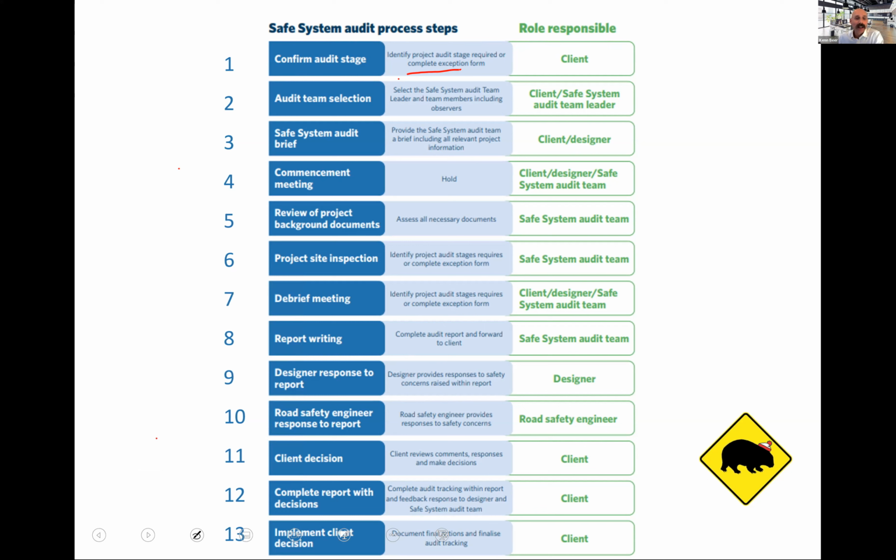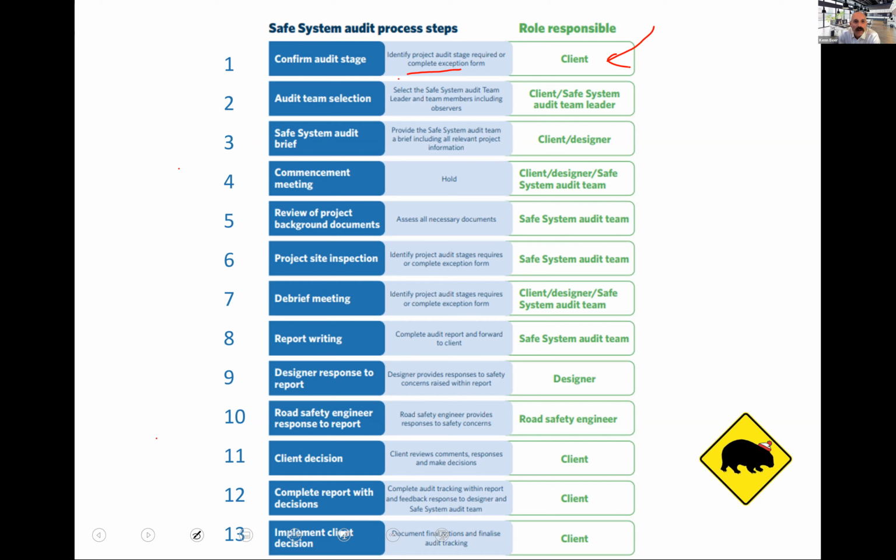So then the team is selected. So, the client. Now, the client is most likely to be a road controlling authority. They have said, okay, we're building this or planning this new roundabout. We're going to do audits at these stages. Now they go, right, we need somebody to do this audit.